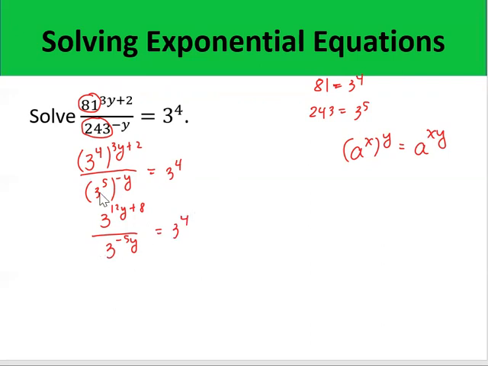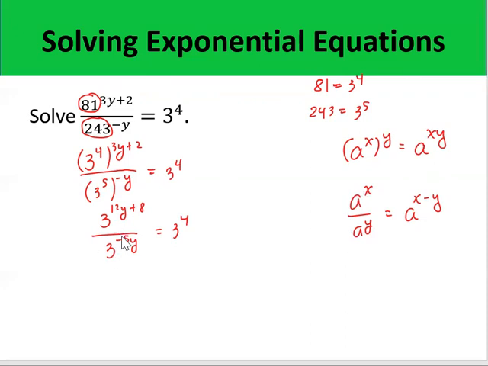Now, in the left side, this is now in the form of a raised to x over a raised to y. So again, using the laws of exponents, we can write this as a single base a raised to the difference between their exponents, x and y.